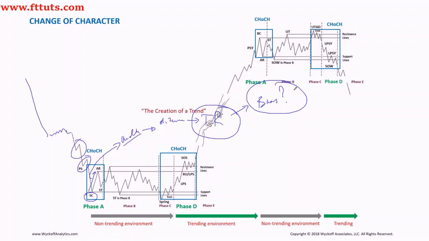There are certain ways of how you could identify the potential bias of the consolidation in phase A. I will give you some of the shortcuts as to how to logically think about the bias even in phase A, and as we go through phase B and specifically in phases C and D. But at the beginning, usually we're going to be questioning what kind of bias we have.